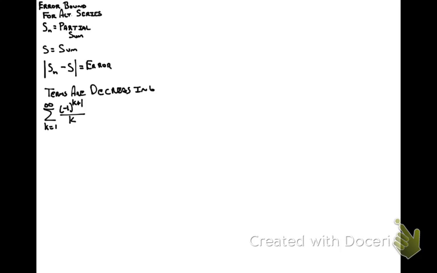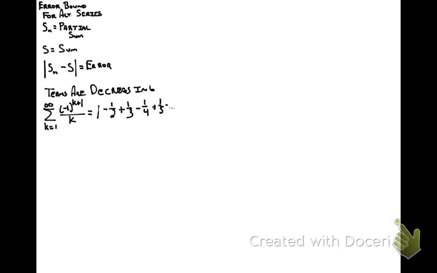We already know this converges. And if k is 1, then this ends up being 1. And when k is 2, we have negative 1/2. When k is 3, we have positive 1/3. K is 4, 1/4, 1/5, and so on. Right? There's the first 5 terms.